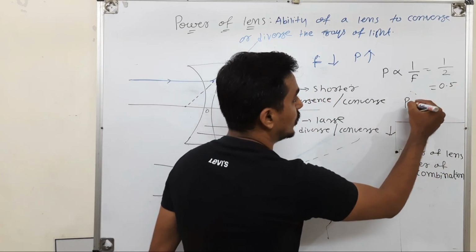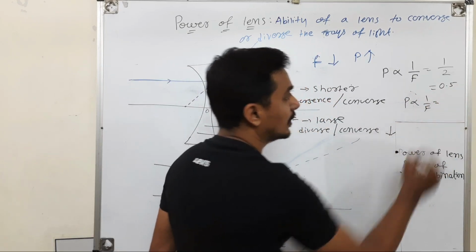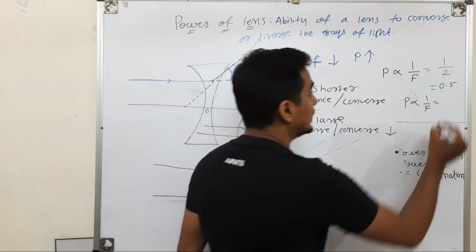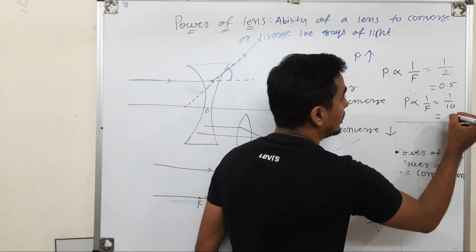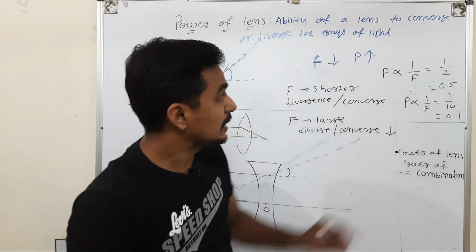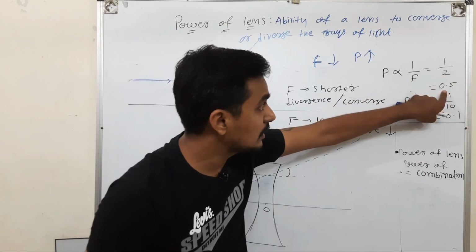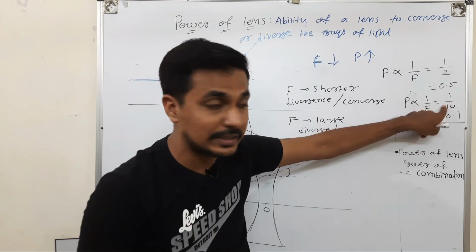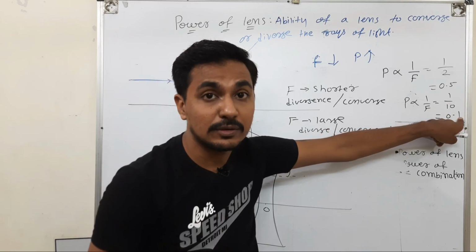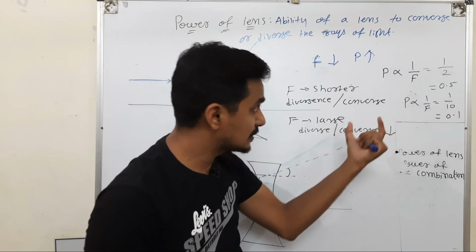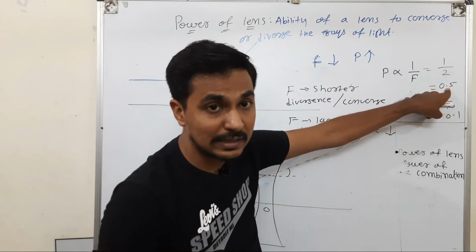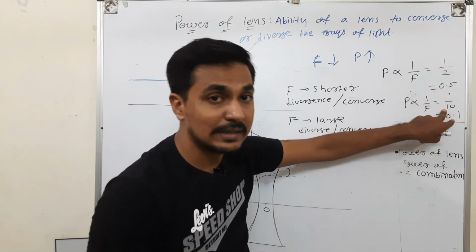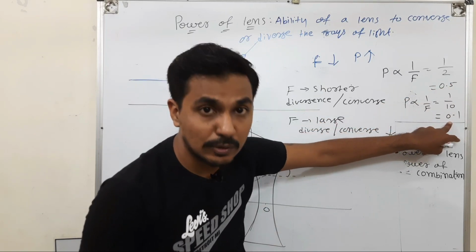Now for a lens having focal length, let us say 10, the power is 0.1. See, for smaller focal length, power is 0.5, and for larger focal length, which is 10, the power is 0.1. So if your focal length is smaller, power is larger. If the focal length is larger, power is smaller.